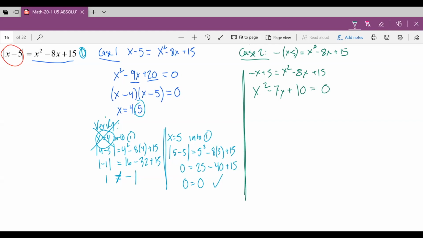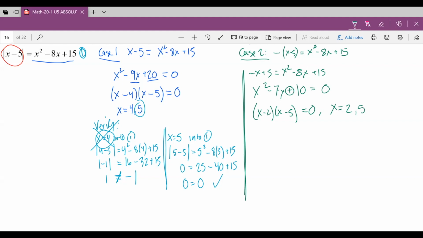And okay, I see 2 times 5 making 10, and 2 and 5 making negative 7. And because this value is positive, then I know that it's x minus 2, x minus 5. I know that with reasonable certainty, which means that my potential x values, and therefore 2 other potential solutions, are 2 and 5.